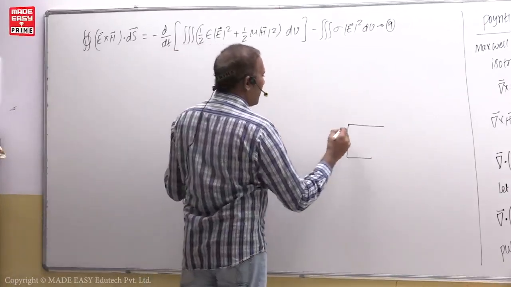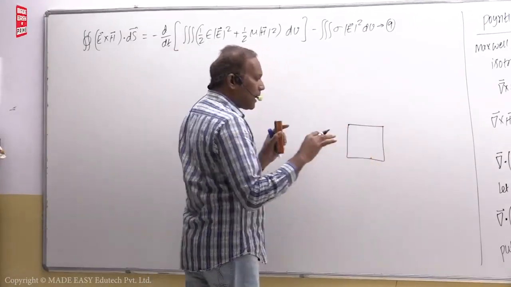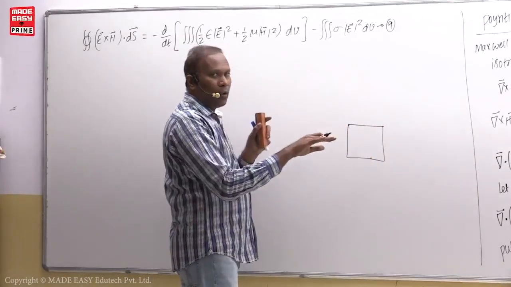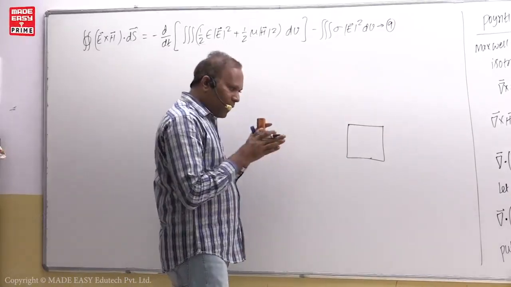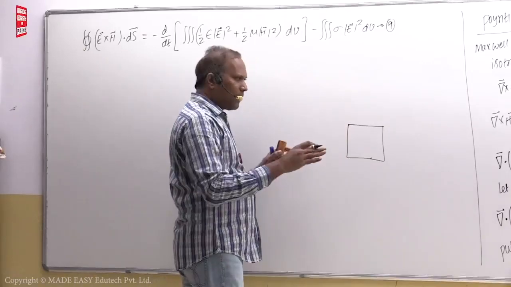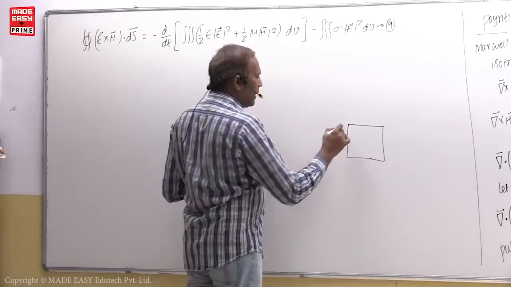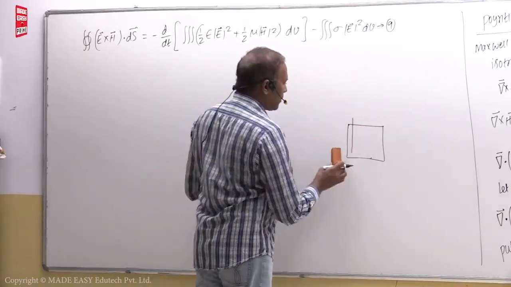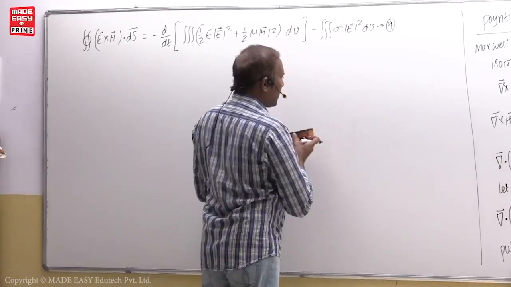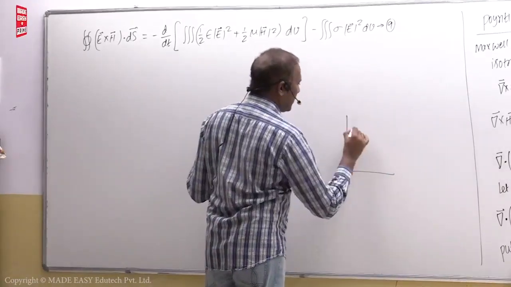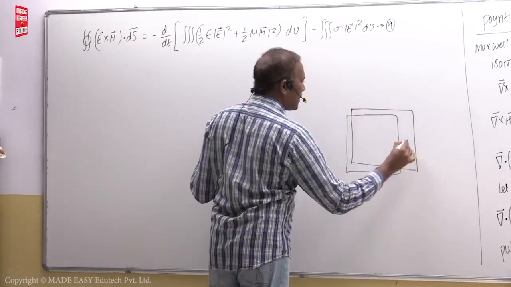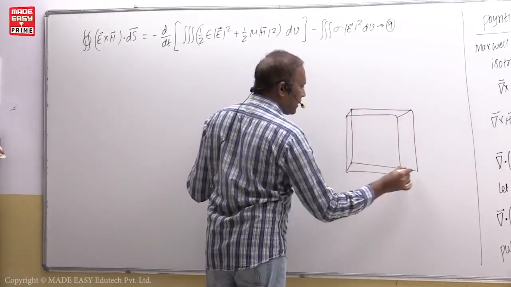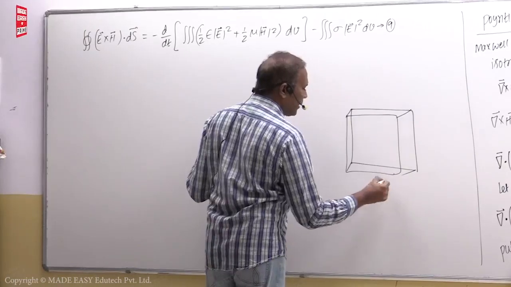Now, for example, in the path of the EM wave I have imagined one volume. Let me make it a little bigger so you can see it easily. I have considered one volume here. Let us say this volume is delta V or dV.